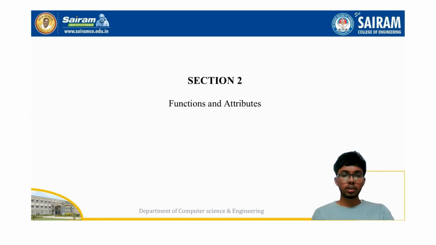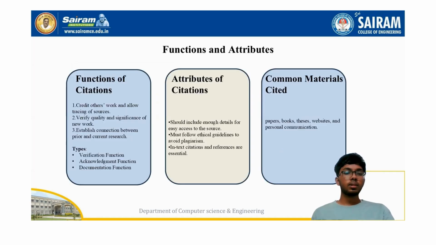Now let us go to the next slide. This is section 2, which includes functions and attributes. The functions and attributes are divided into three types. The first one is functions of citation. The second one is attributes of citation.